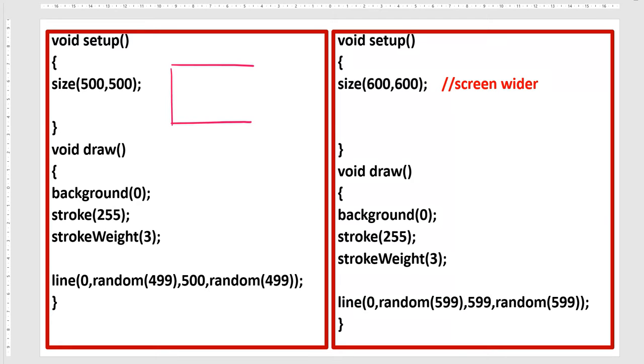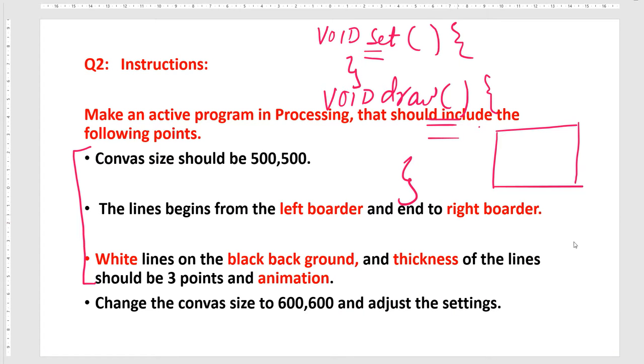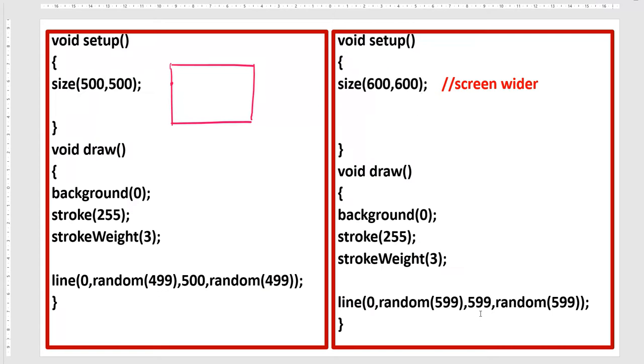What is the requirement? The line should start from the left border and go to the right border, so it should touch the right border. When this line starts, maybe it starts from here, maybe from here, so all the x-axis values are 0, or you can say x1 is equal to 0.